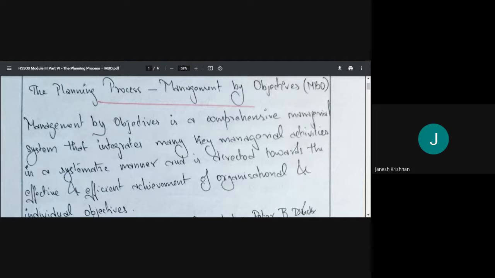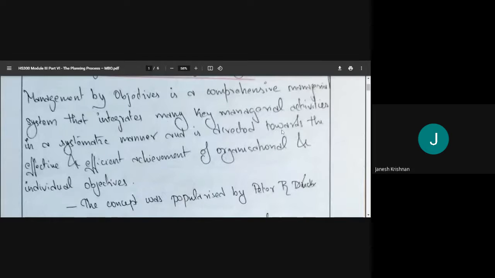Management by objectives is a comprehensive managerial system that integrates many key managerial activities. We know from the first class what the managerial activities are: planning, organizing, staffing, HR, and many more.